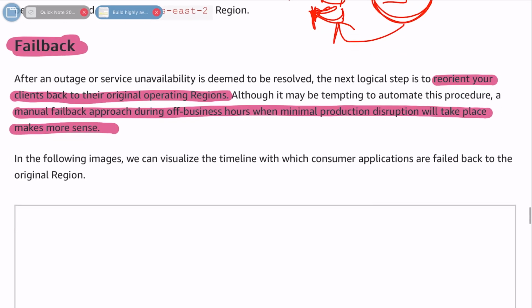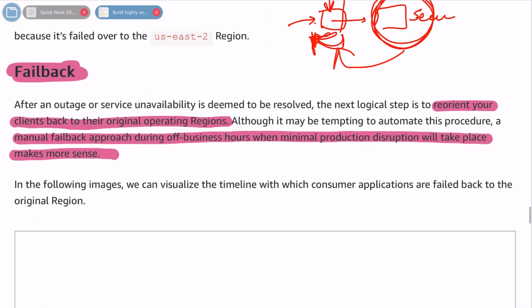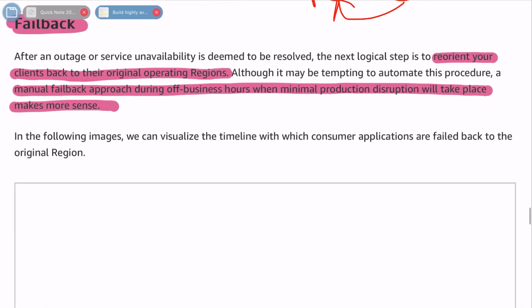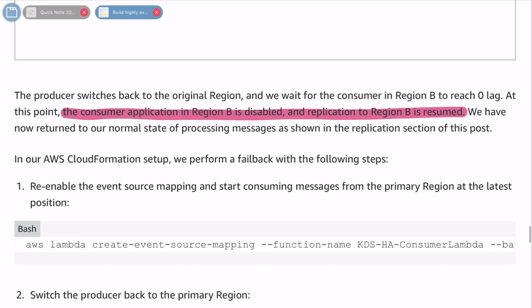Instead of doing automation, you should ensure that you do it manually, obviously at times when there is minimal traffic being served in your system, so that, in terms of RTO and RPO values, if the traffic is less, the customers are not impacted in a very high sense.